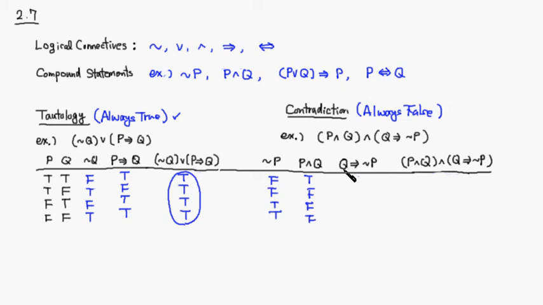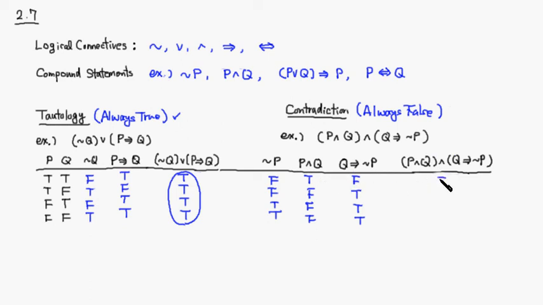All right, let's do the Q implies not P. So Q true implies false, so that will be false. Q is false, then we already know that implication is true. True implies true is true. False, then it's true. Then this is a conjunction, so both have to be true in order for this guy to be true.